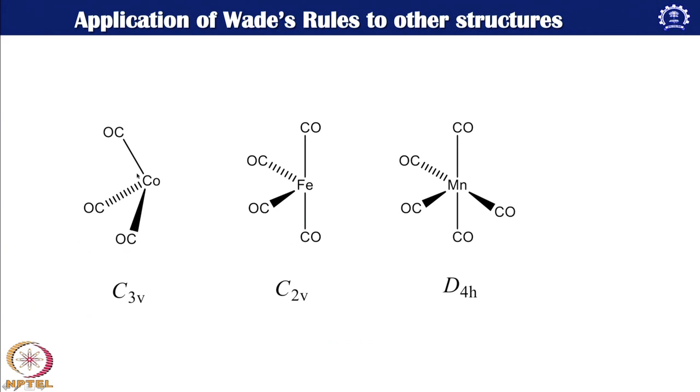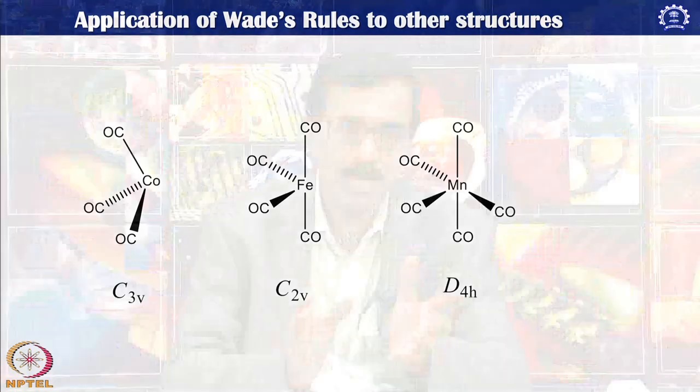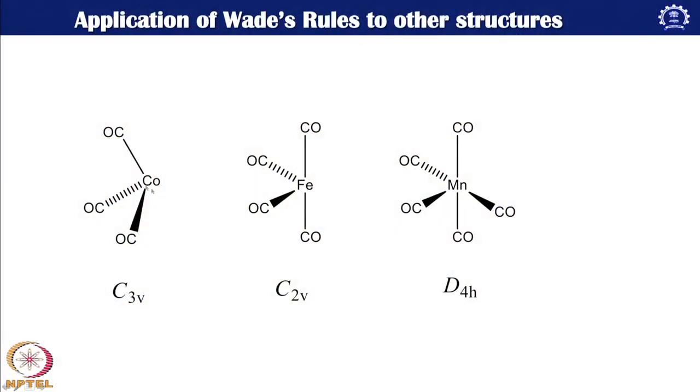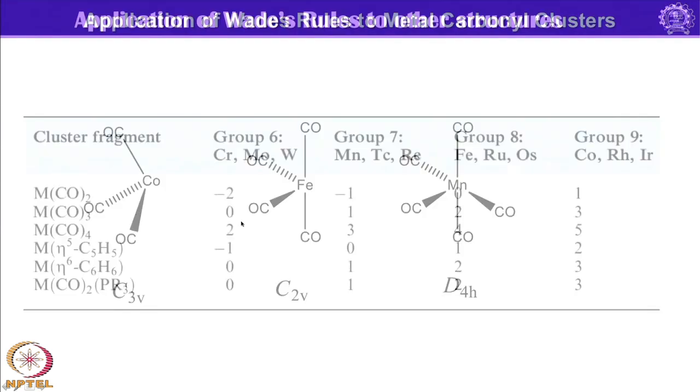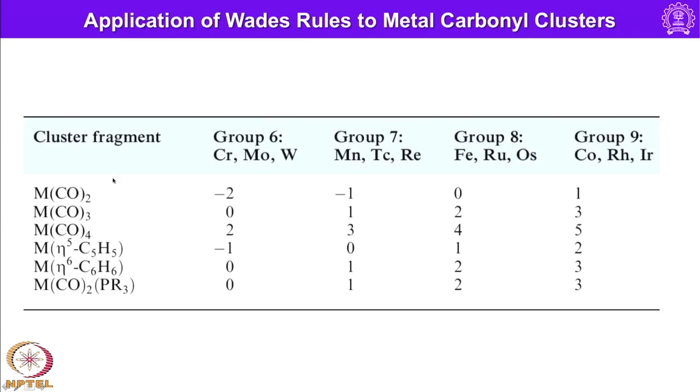If any molecule has a unit which has C3v structure, then that can be compared with one BH unit. So, that means essentially 3 electrons are coming from that one. Here I have given, for different groups, the cluster fragment and the number of electrons coming towards the cluster formation. You can see M(CO)2 for group 6, minus 2.